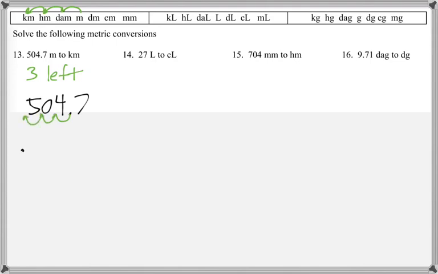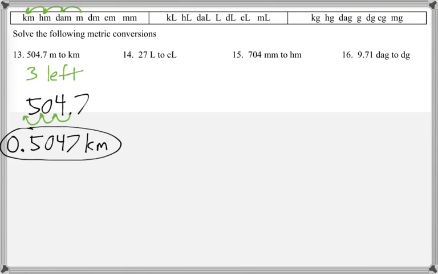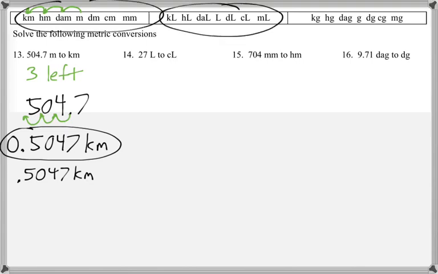So this is going to be 0.5047 kilometers. And you can put the leading zero or you don't have to. Either way. So these conversion charts really help us decide how many places we're going to move the decimal place.